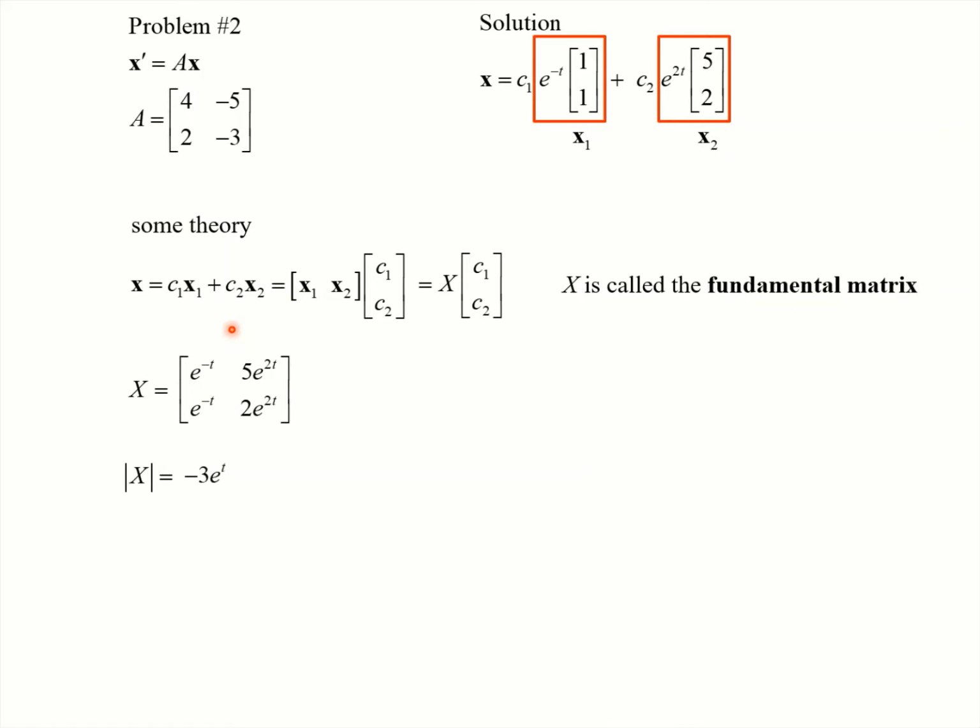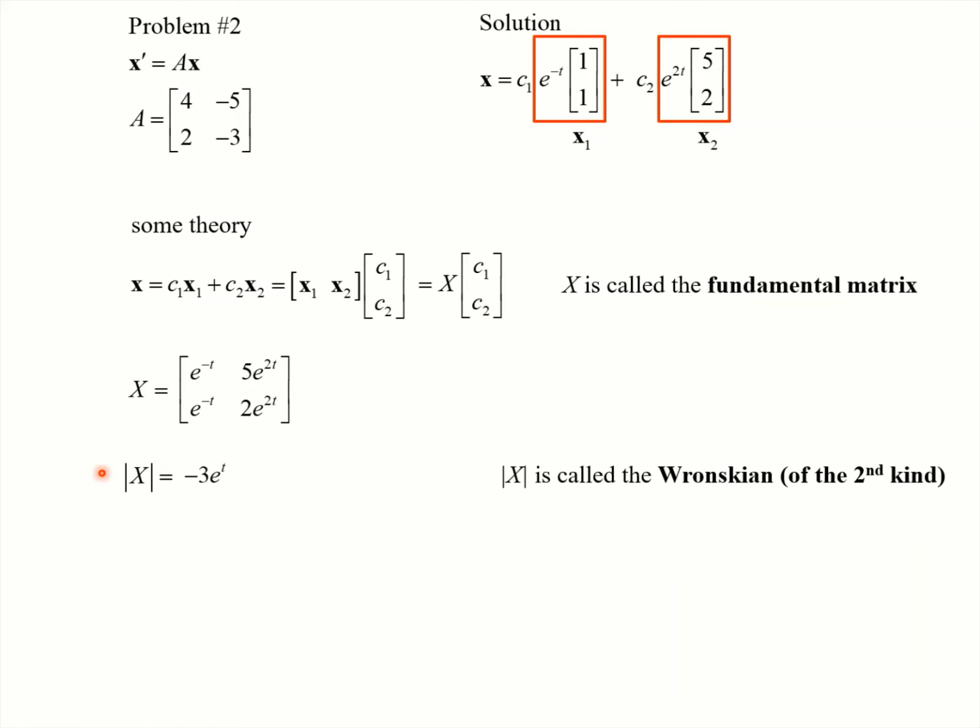Now, having said that this is not our Wronskian that we learned, it's actually still called a Wronskian, and I'm going to call it the Wronskian of the second kind. So this determinant of the fundamental matrix is called the Wronskian of the second kind.